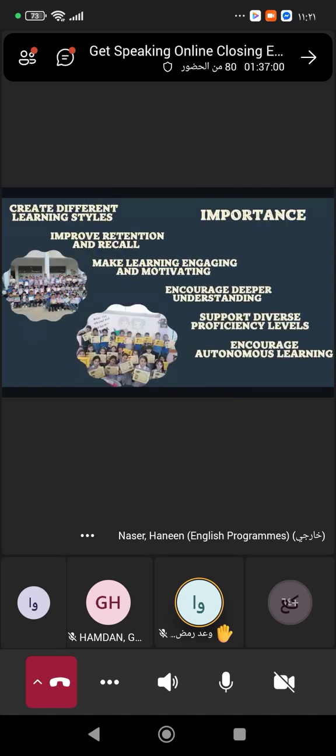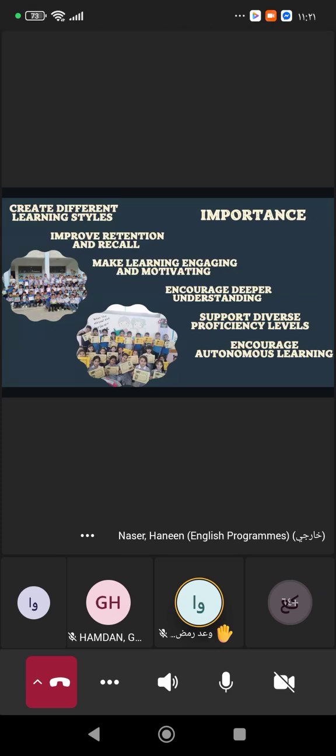Okay, as you see, all of these strategies have great importance for both students and teachers since they create different learning styles. Students do not only learn using visual aids, but they also use audios.